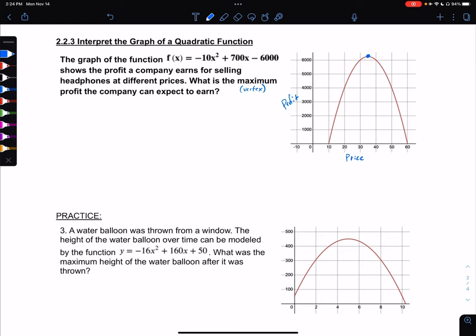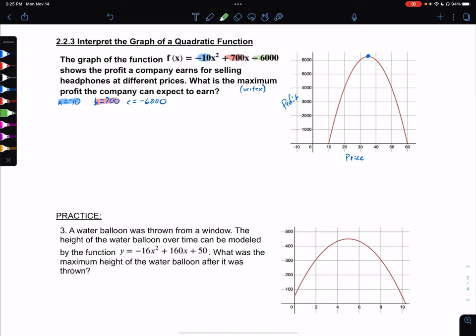So to find the vertex, we're going to start by defining A, B, and C like we have in the previous two examples. So A is going to be negative 10. We have a B value of 700, and C is negative 6,000.